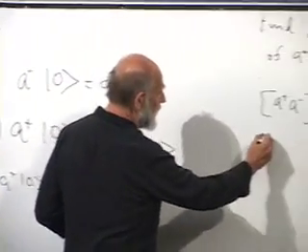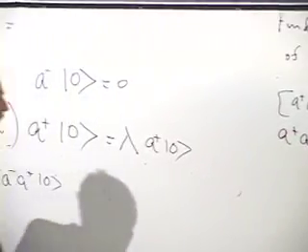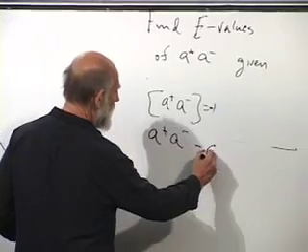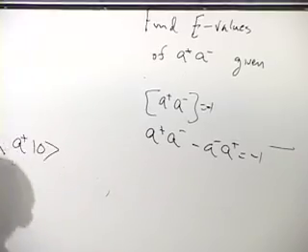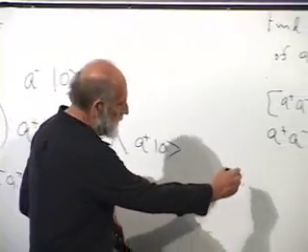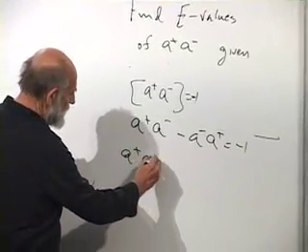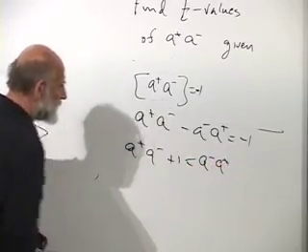But what I can do is say that A minus A plus minus A plus A minus is equal to 1. Let's rewrite it: A minus A plus is equal to A plus A minus plus 1.